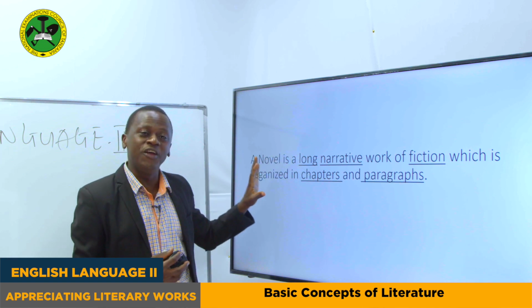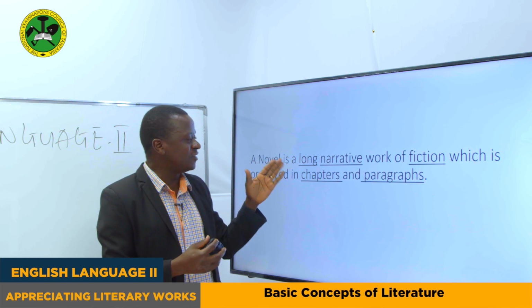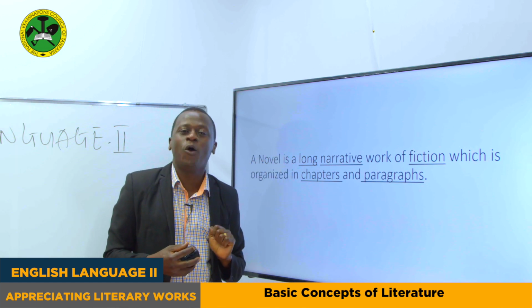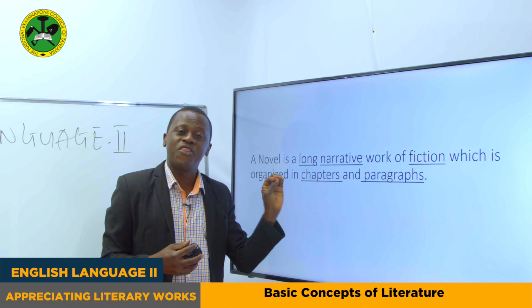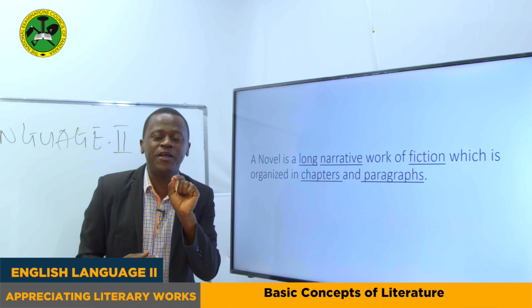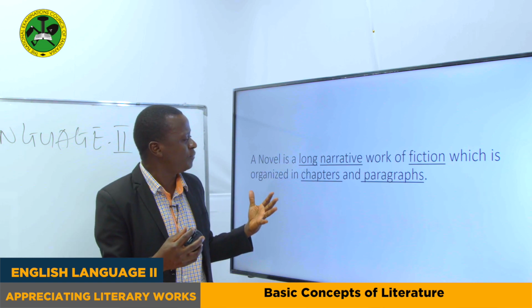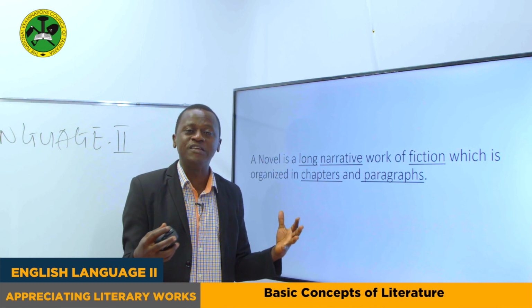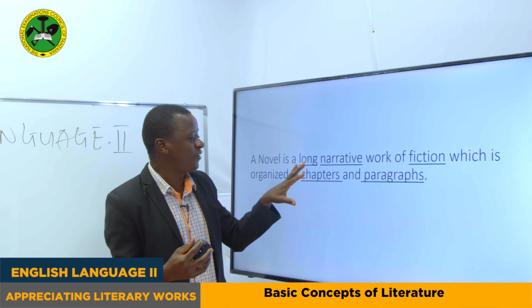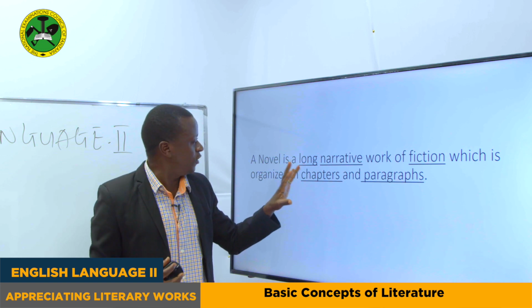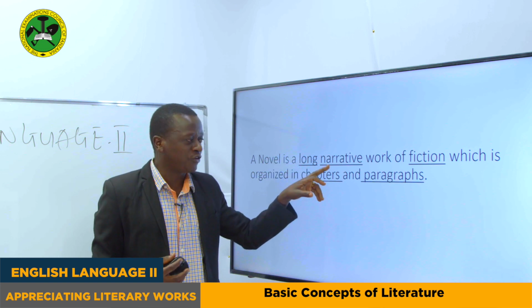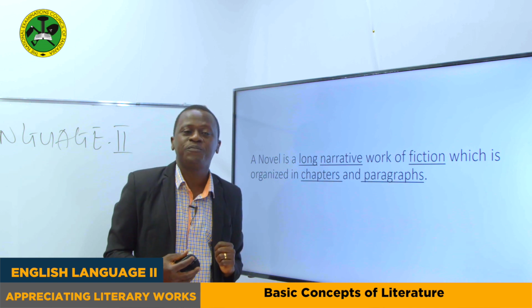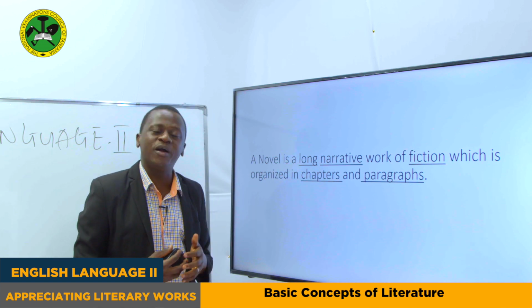Now, in this particular definition, I've underlined some of the key terms or key words that you use whenever you are defining a novel, whenever you are telling what the novel is. These are the key terms. A novel is a long narrative work of fiction which is organized in chapters and paragraphs.